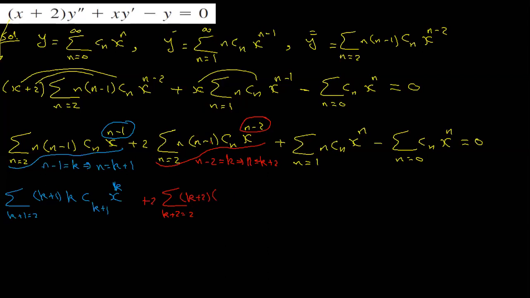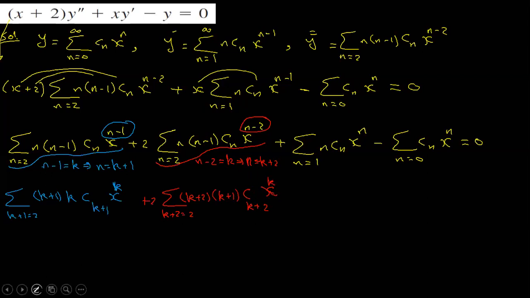Instead of n minus 1, what will it be? What do you think? n minus 1 is equal to what? k plus 1. k plus 1, great. C, instead of n, you have k plus 2. This is n, okay? x to the power, instead of n minus 2, you choose it to be k.